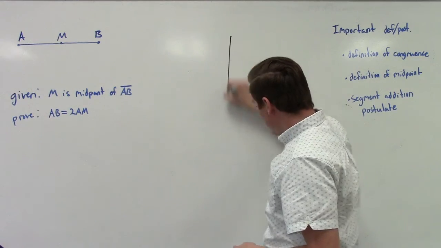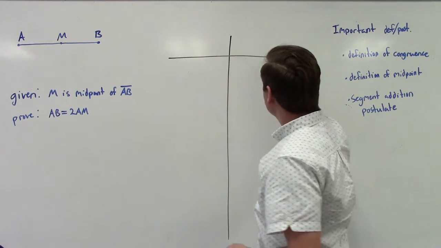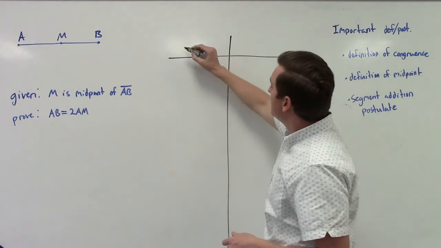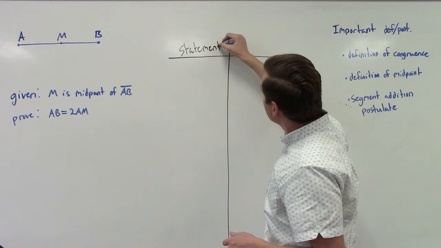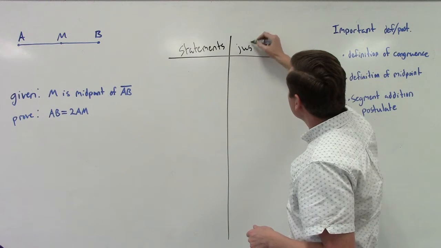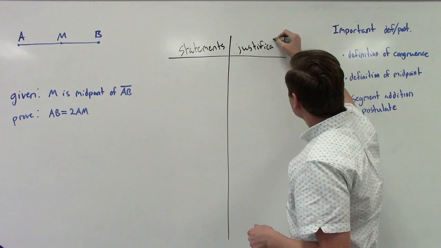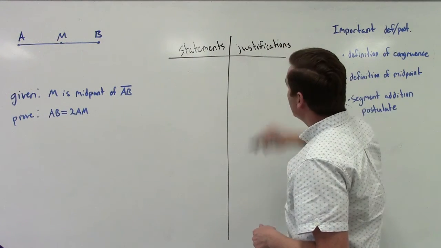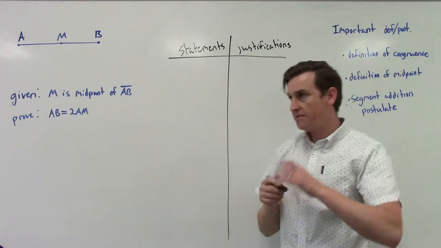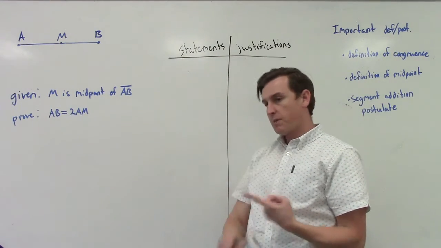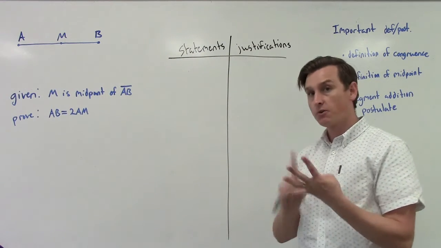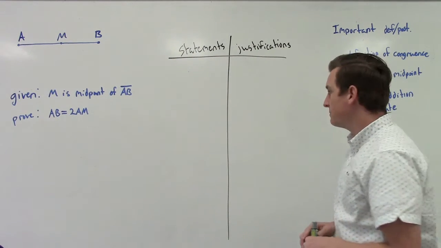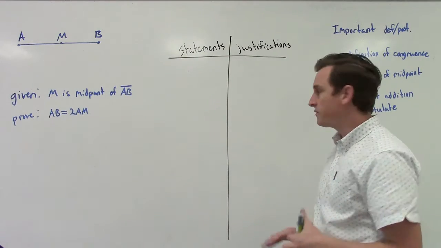So let's draw our table for our 2-column proof. And over here we're going to have statements. And then our justifications are going to go over here. Justifications have to be some kind of established postulate or theorem or definition or property or construction, which we won't use very often, but we will from time to time.